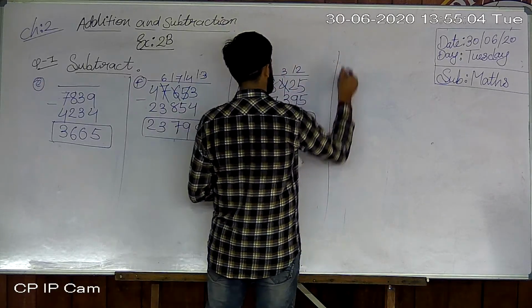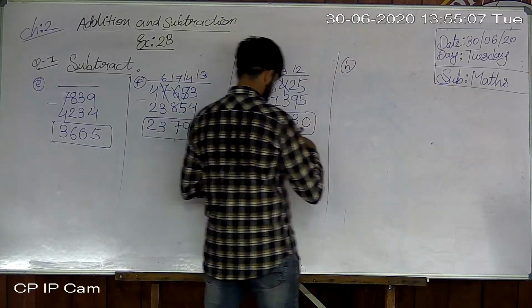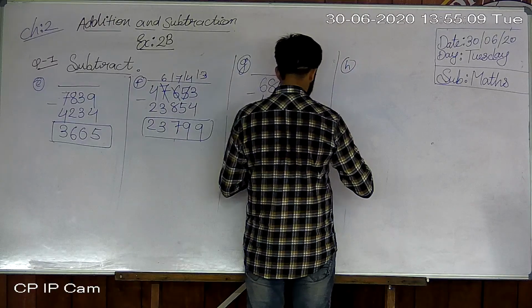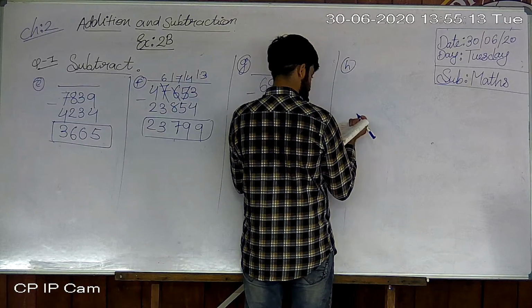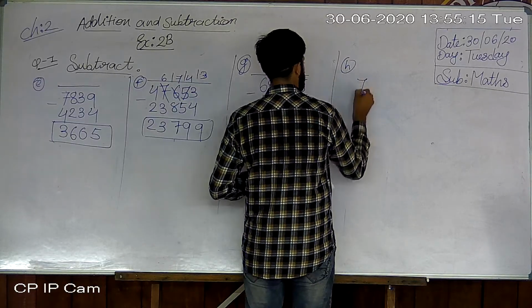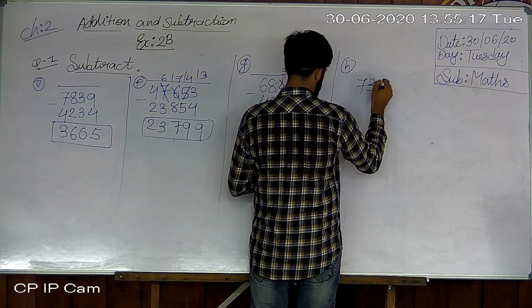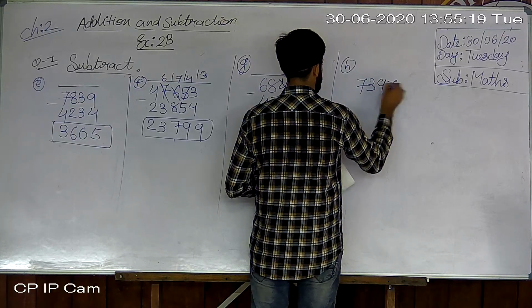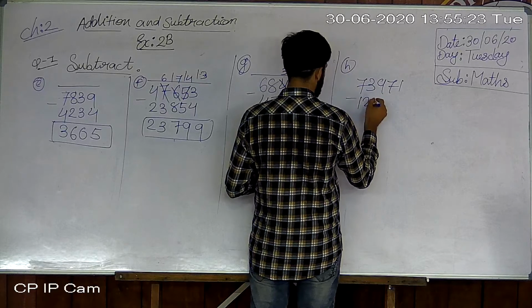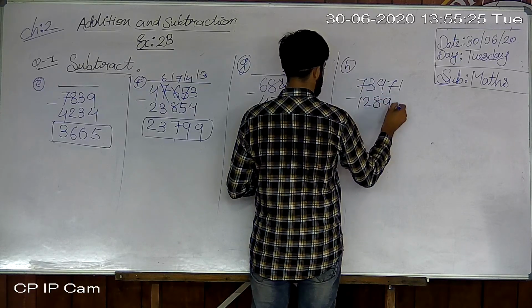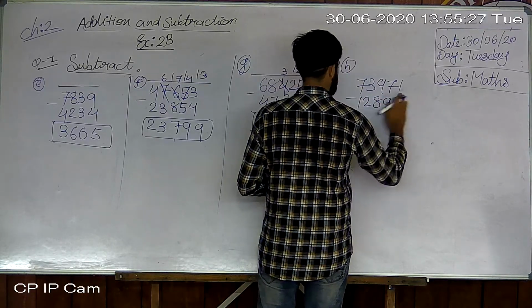Okay. Then question number H. Question number H is what? 73,971 minus 12,895.